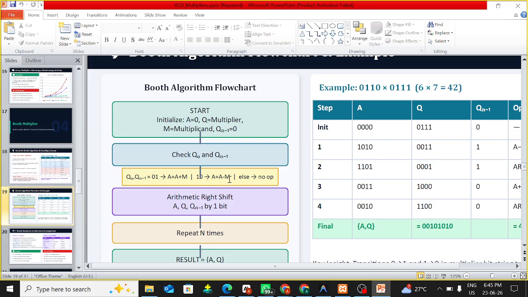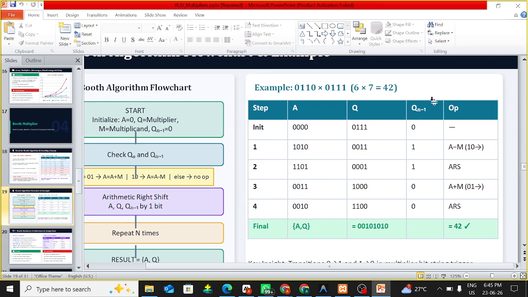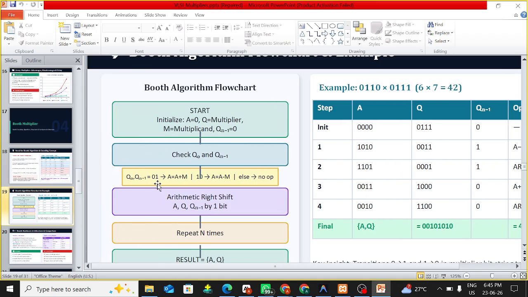Then the task you are going to do is A equals A minus M. This is the task when you have the transition 1, 0. When you have 0, 1, you are going to do addition, and you store that inside A: A equals A plus M.